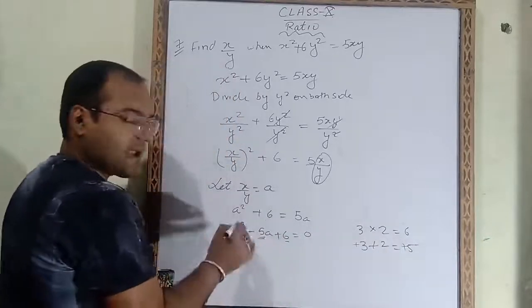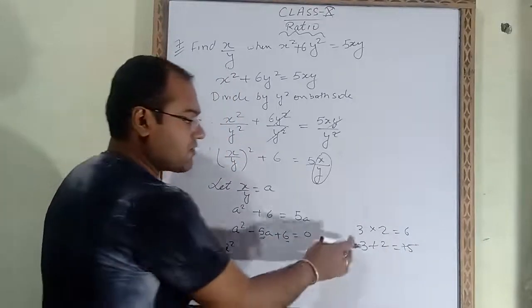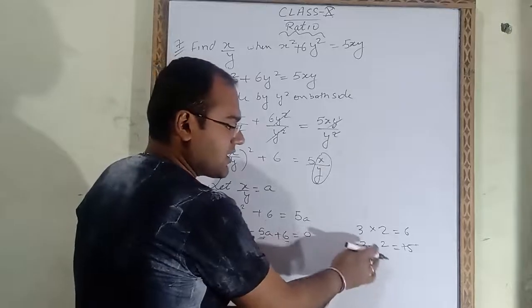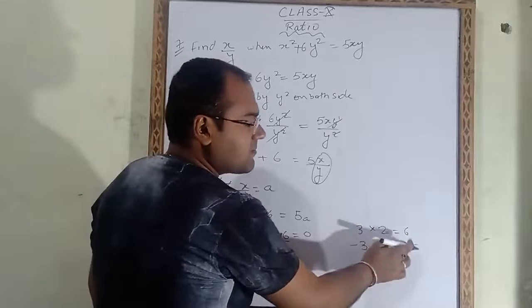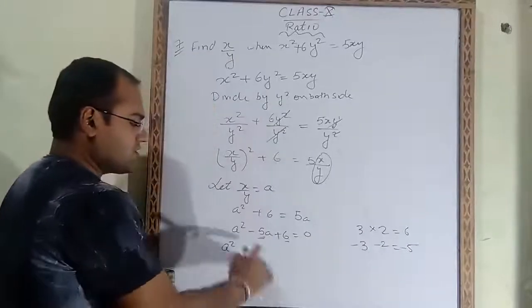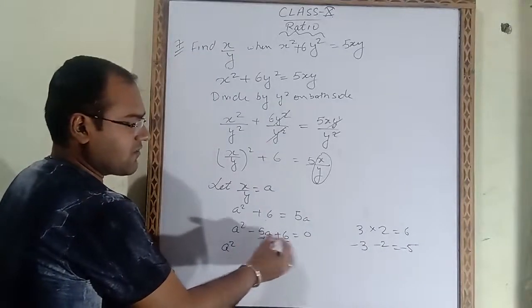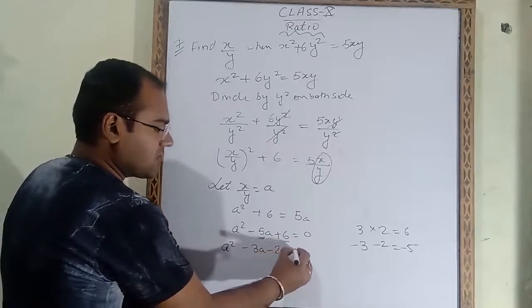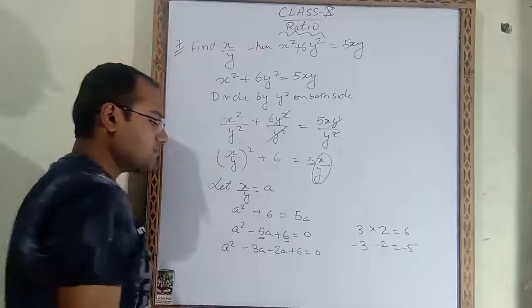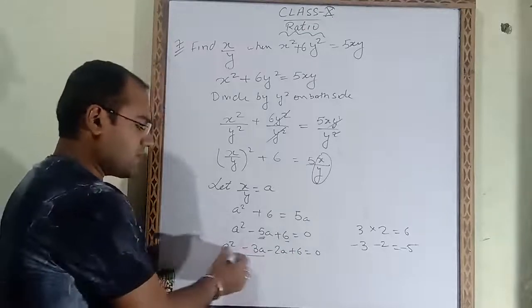Here it is minus 5. So we have to take minus 3 here and minus 2 here, so that minus 3 and minus 2 become minus 5. So instead of minus 5a we will take minus 3a and minus 2a, plus 6 is equal to 0.